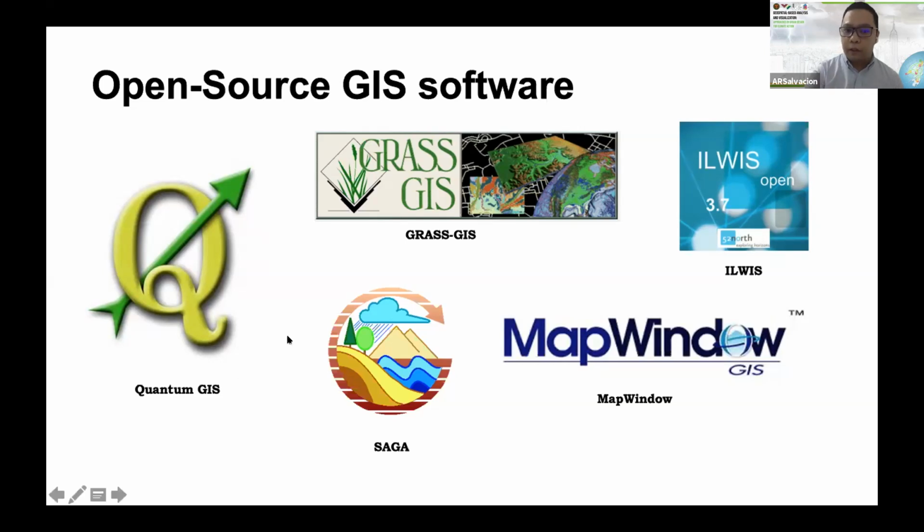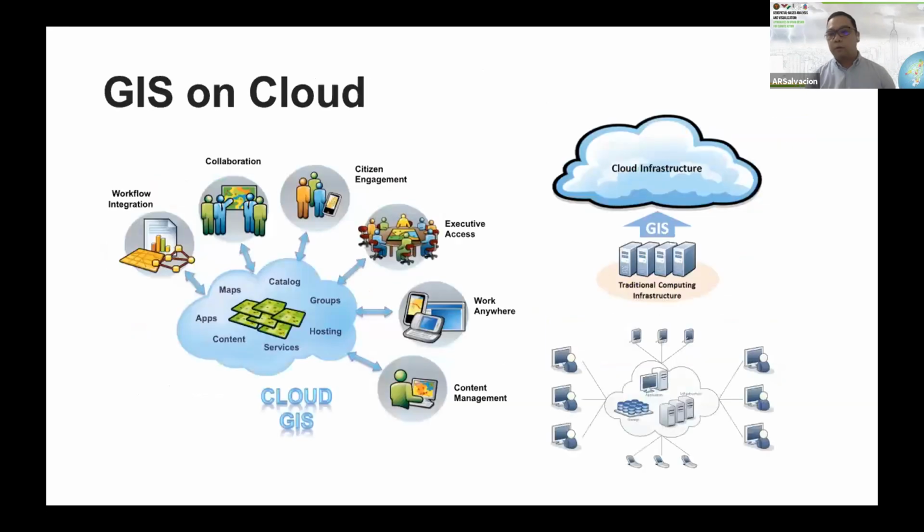I advise this for my students because we know that, of course, in the university we have a license for commercial GIS software, but once they go out, that's where the issue comes in. And I don't want them to go to the different sites where you could get torrent or pirated copies, because I don't want them to practice those things.